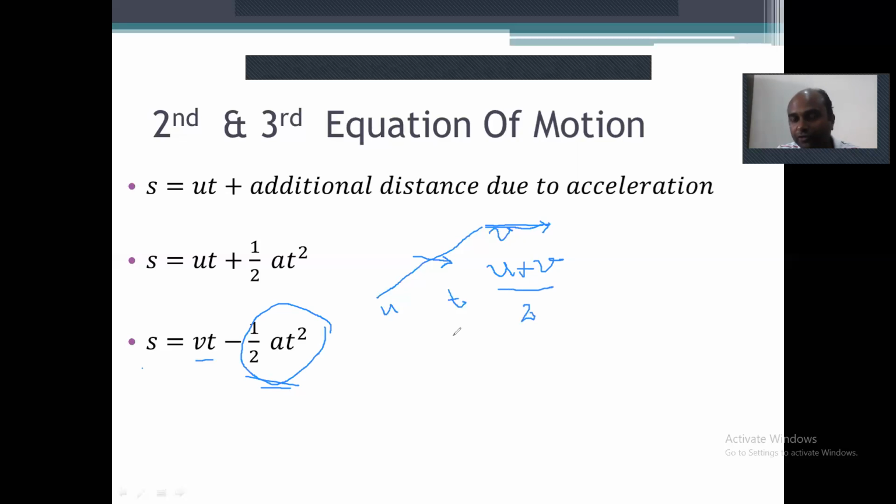And mind you, this is only true for uniformly accelerated motion, that the average velocity is initial velocity plus final velocity over 2, or the arithmetic average of u and v. I hope you understand the context of S is equal to ut plus half at square, and this equation, which is rarely discussed in any book, S is equal to vt minus half at square.